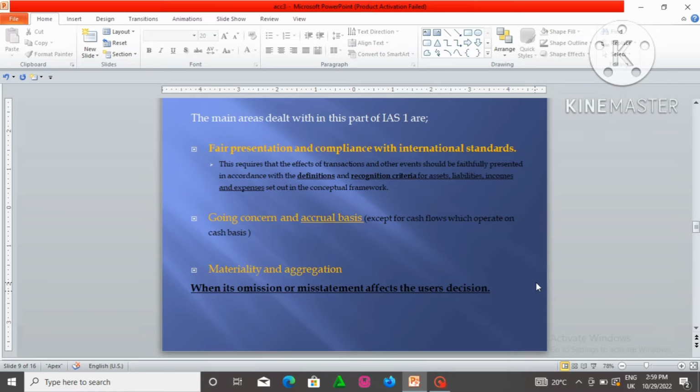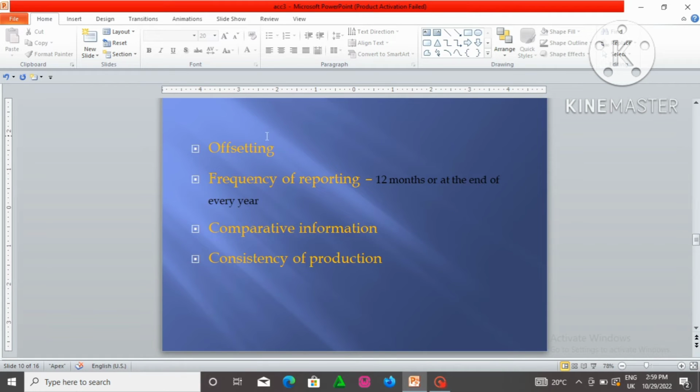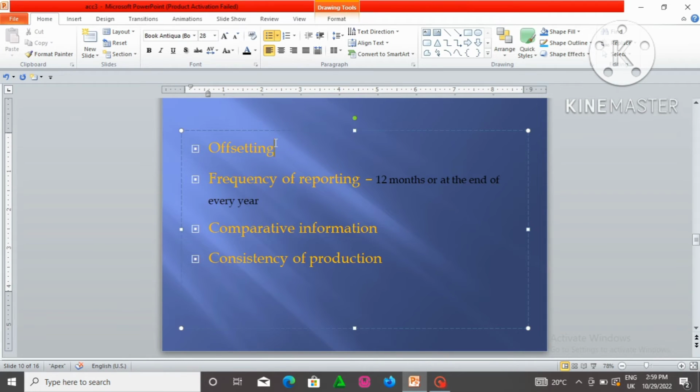We shall have then offsetting. This is the next area, offsetting. Offsetting, for example, contra entries having double entry. So assets and liabilities cannot be offset unless it is permitted by the standards. If it is not permitted by the standards, then you cannot offset.